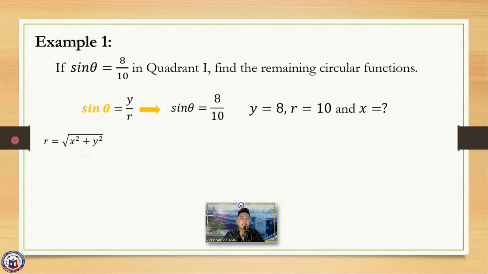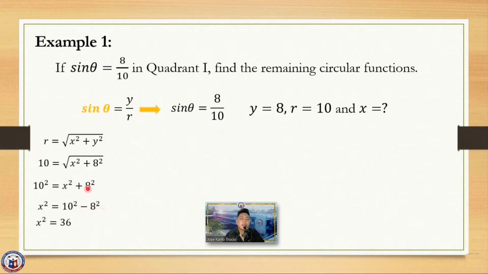To find the value of x, we use the triangle. If it is a triangle, then we can use the Pythagorean theorem. R is the hypotenuse, x squared plus y squared. We do not know the x, right? So we use the Pythagorean theorem. R is equal to 10, y is equal to 8.